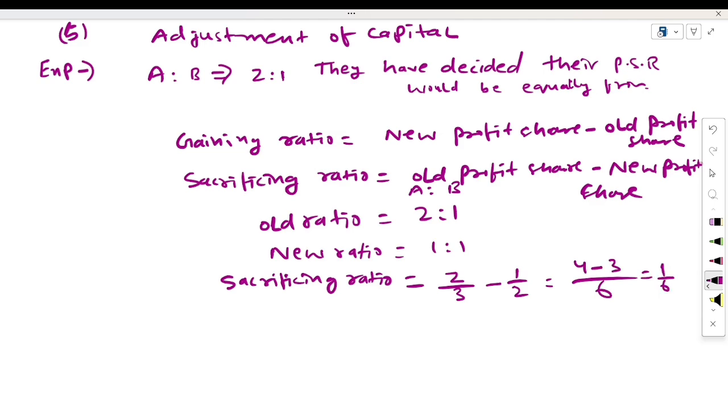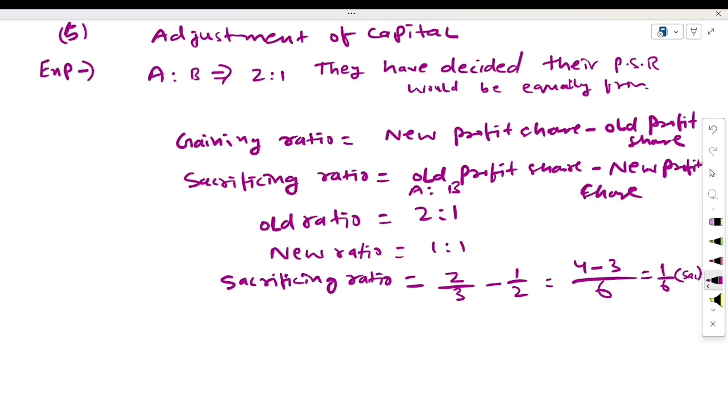Remember the point: if you are using the sacrificing ratio and your answer is in positive form, not negative form, then this partner is sacrificing. And if your answer comes in negative sign, then that partner will gain, not sacrifice.